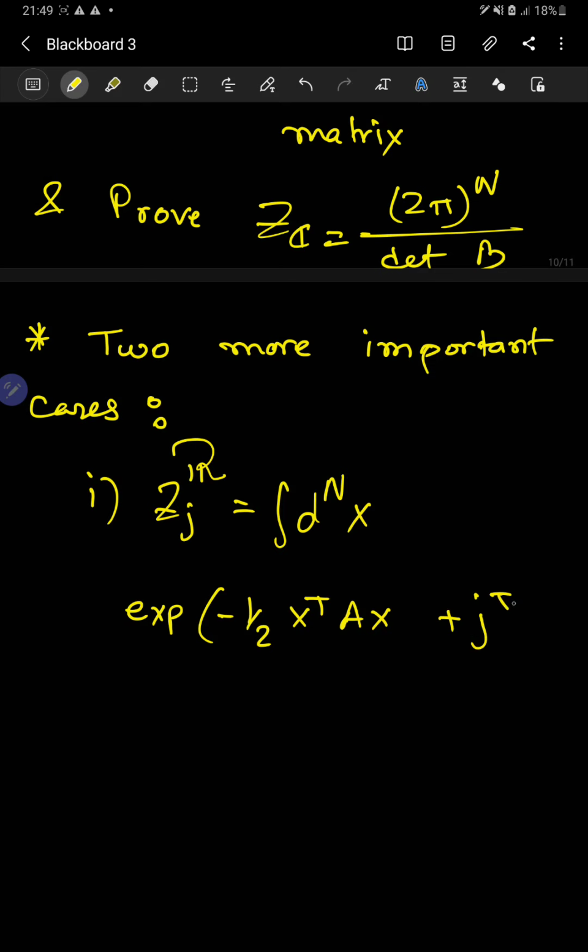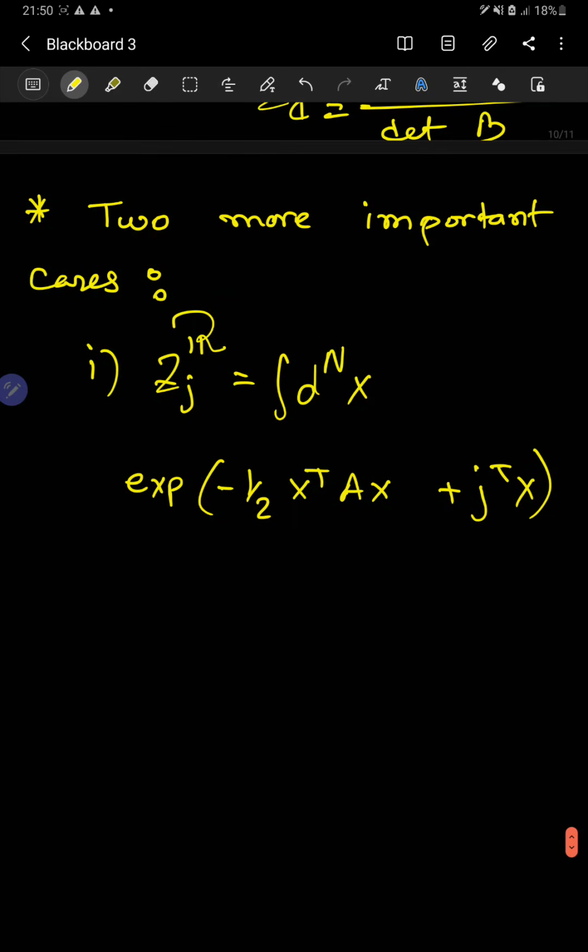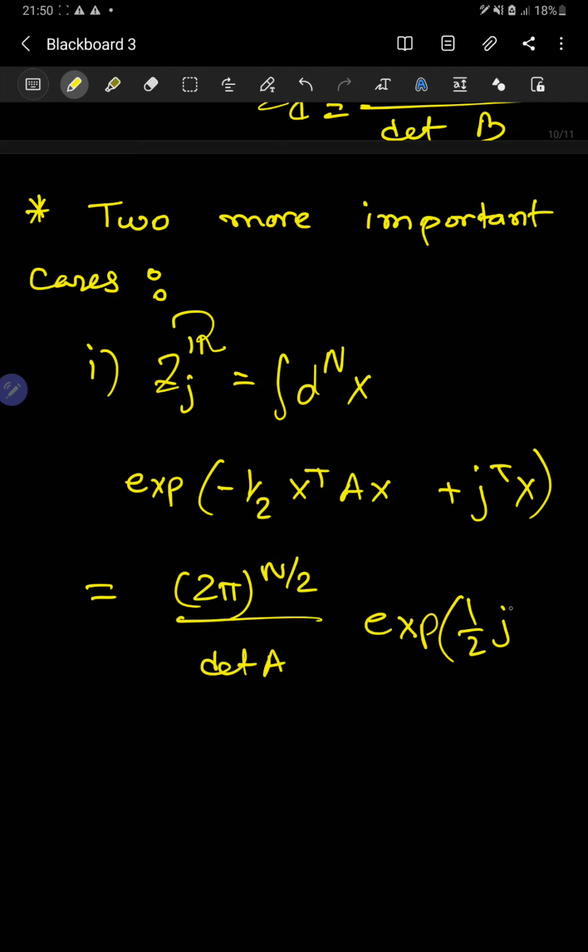Plus J transpose X, where J is another vector here, and the answer to this is, which will help you find it, determinant of A and exponential of half J transpose A inverse J.